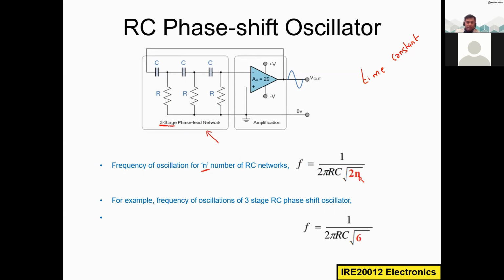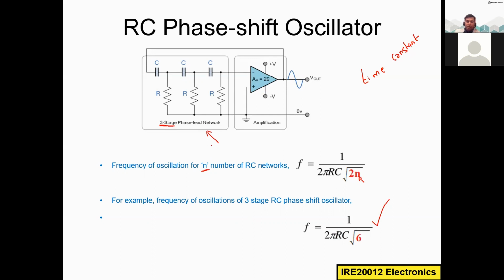We have a 3-stage RC network. So you can replace this n by 3. Then it will be 2 times 3, that is 6. So the frequency of oscillation of a 3-stage RC phase shift oscillator is 1 divided by 2 pi RC square root of 6. This is the formula for 3-stage.